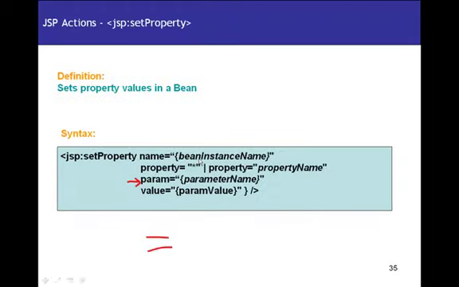So if you use the set property within the useBean body, it sets the property value only if it didn't find the bean and it instantiated the bean class in the JSP, right? Otherwise it wouldn't set the value of that property to the new value. It simply is going to retain whatever was brought in from the servlet, right?